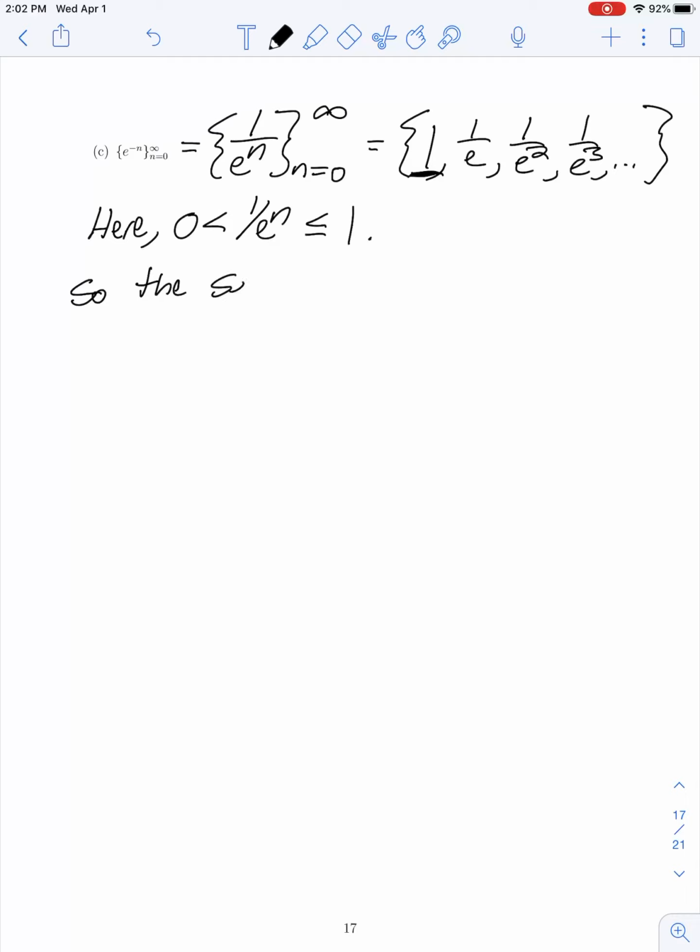And we see that these ratios are getting smaller. Therefore, the largest value of our sequence would be this first value of 1. So in this case, the sequence is bounded, since it has both an upper and lower bound.